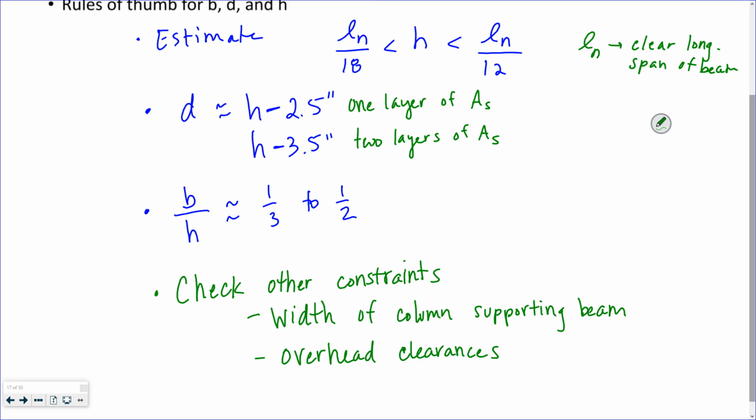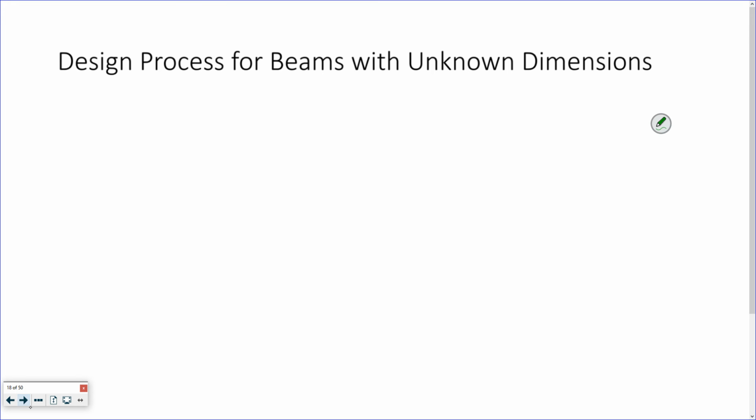So let's talk about the design process when we don't know the dimensions. We need to calculate our required strength, our factored moment, right? Unless they're given. Select material properties.